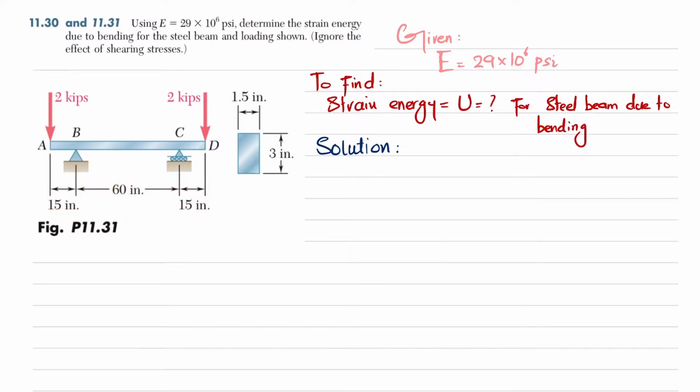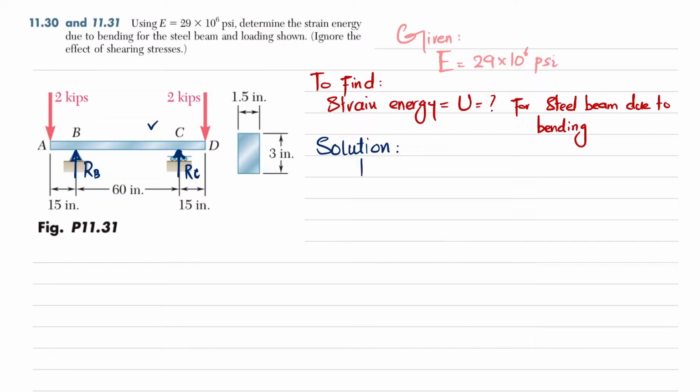So let's start with the solution. Our first step is to find the reaction forces, if we remove the support at point B and at point C. Let this be RB and this be RC.